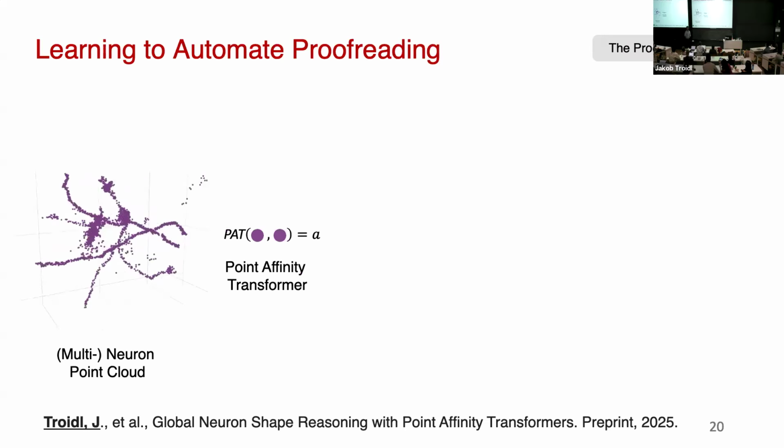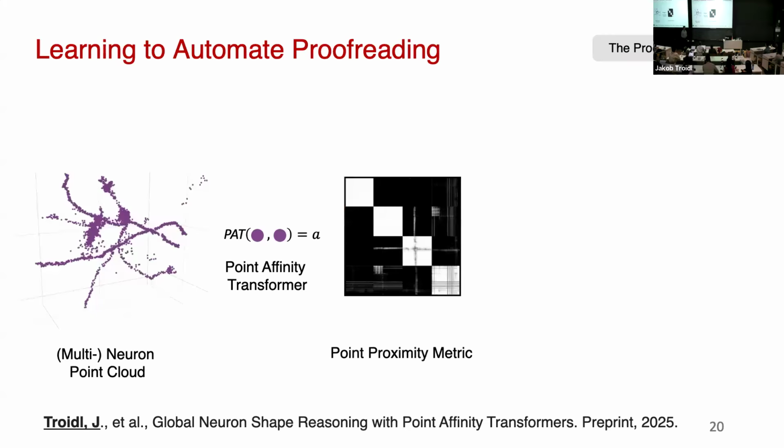And for each pair of points, we can then ask the model, how likely is it that those 2 points belong to the same neuron, yes or no? So 1 would mean that 2 points belong to the same neuron, 0 would mean they do not belong to the same neuron. And if we do that over all different pairs of points, what we get is something that we call a point affinity matrix.